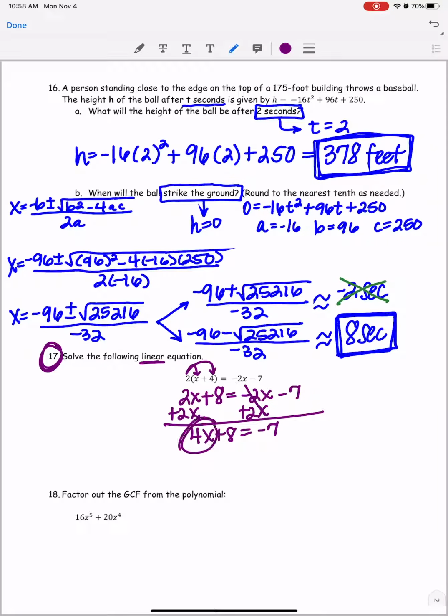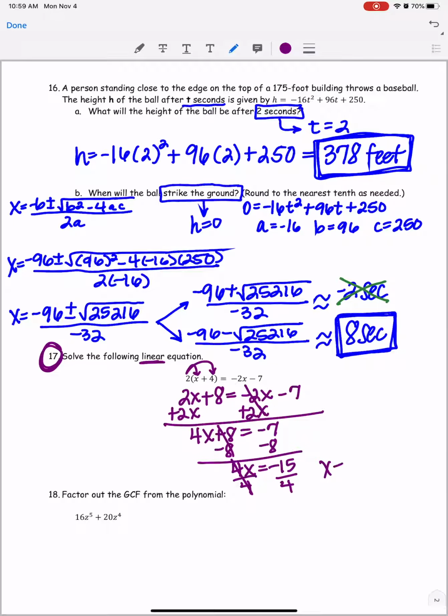So I've got my variable on one side. That means I need my constant to the other side. So we're going to subtract this 8 over. So I've got 4x equals negative 15. My last step is to get x by itself.